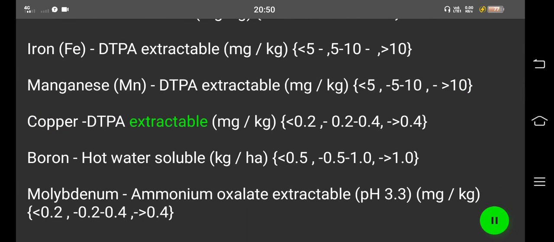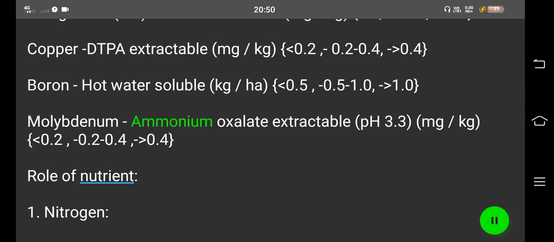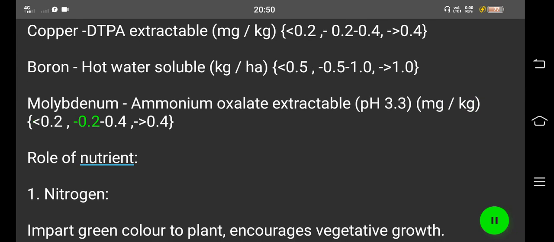Copper, DTPA extractable, milligram per kilogram: less than 0.2, 0.2 to 0.4, greater than 0.4. Boron, hot water soluble, kilogram per hectare: less than 0.5, 0.5 to 1.0, greater than 1.0. Molybdenum, ammonium oxalate extractable, pH 3.3, milligram per kilogram: less than 0.2, 0.2 to 0.4, greater than 0.4.